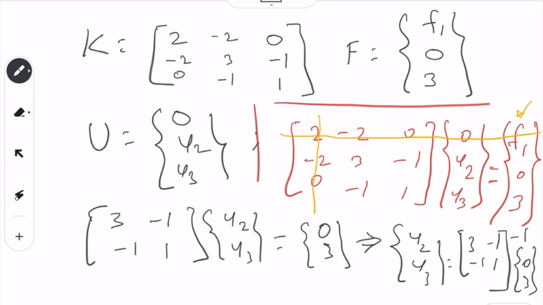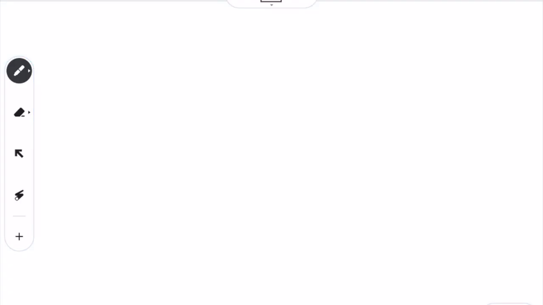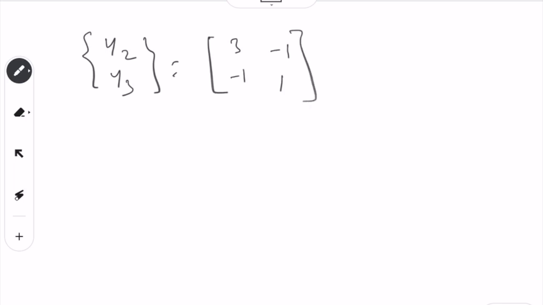Okay. So let us finally find out. So 3 minus 1 minus 1 1 and 0 3. So you have u2 u3 is equal to 3 minus 1 minus 1 1, inverse of that, and 0 3.